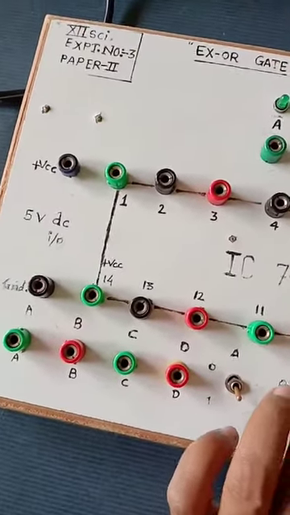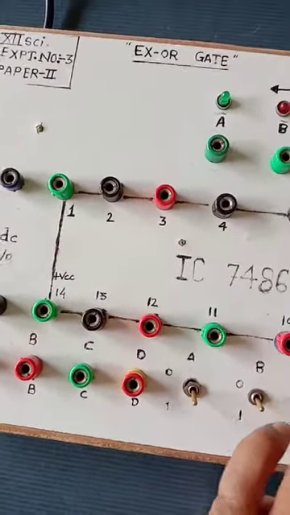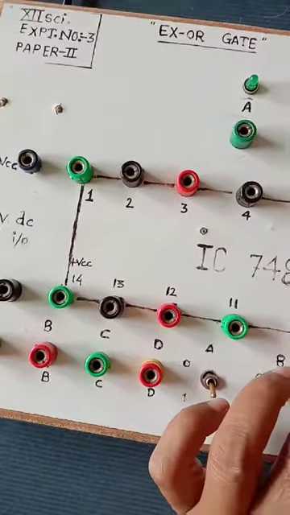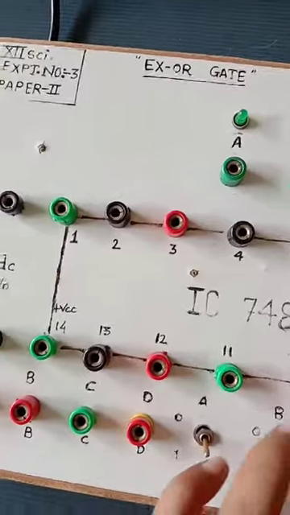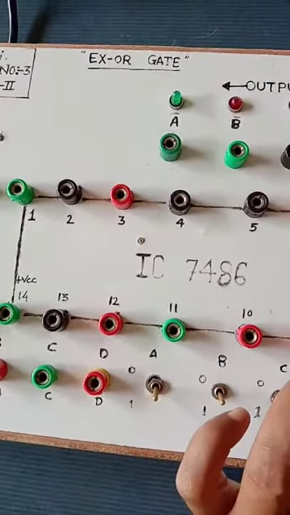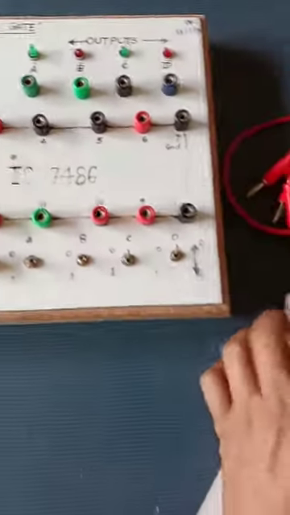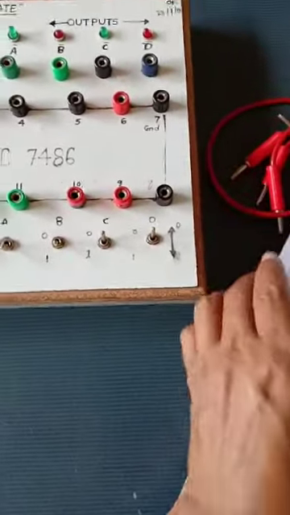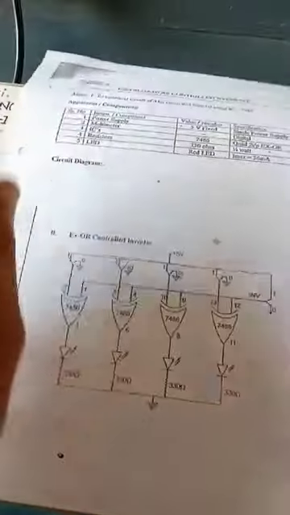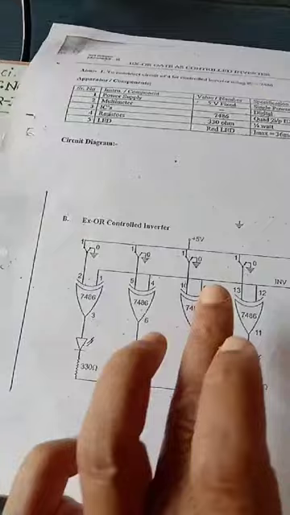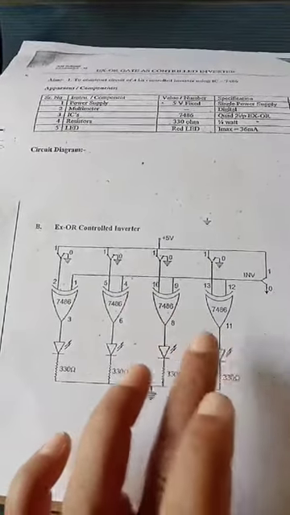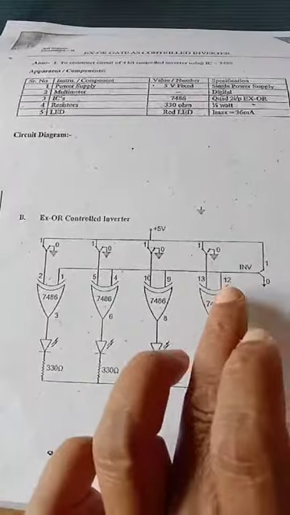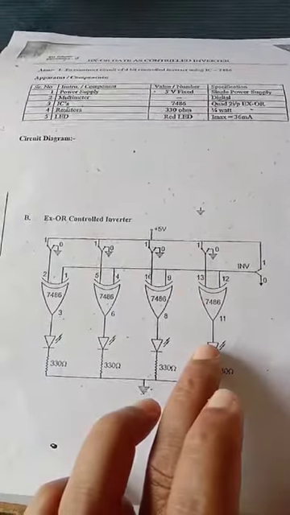Then in third XOR gate, pin number 9 and 10 are inputs, and pin number 8 is output. And in fourth XOR gate, pin number 12 and 13 are inputs, and pin number 11 is output.